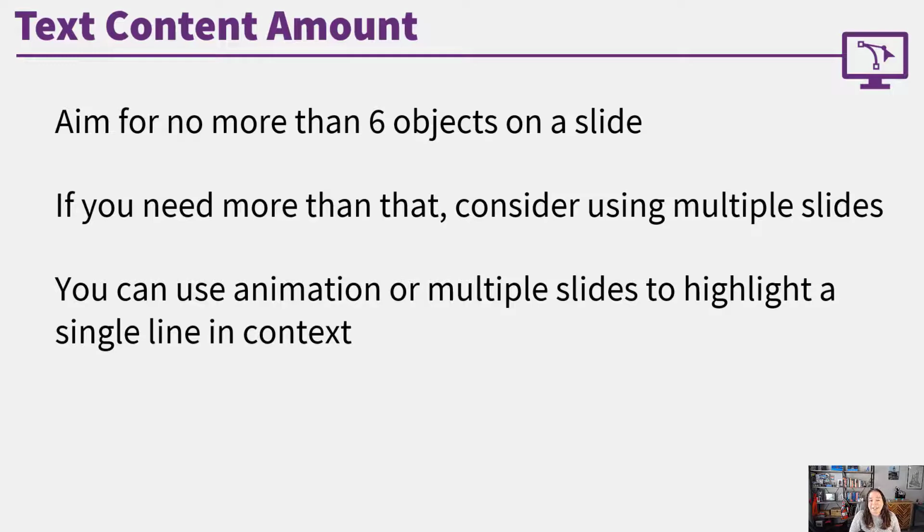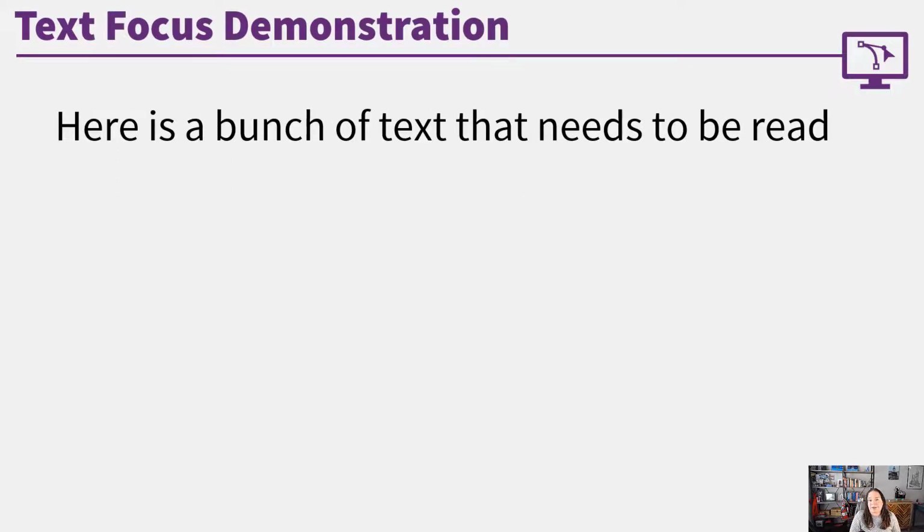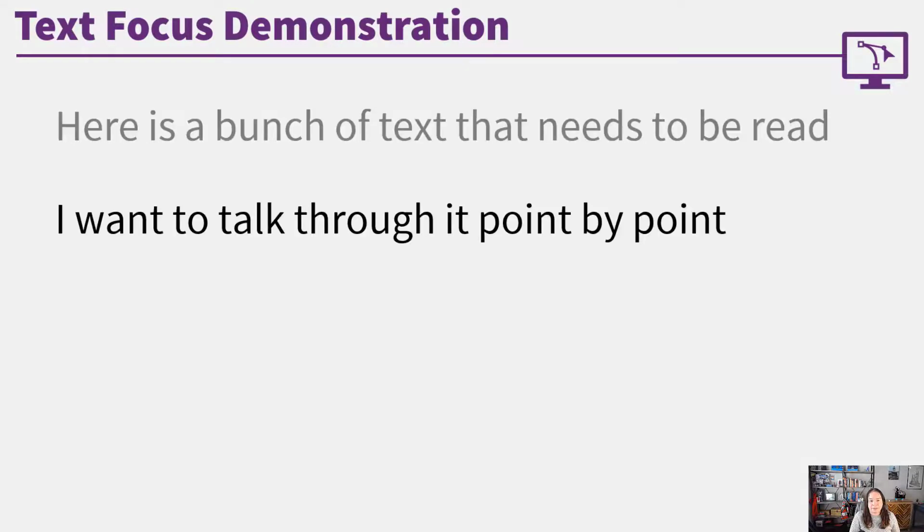And there are occasions where you need to put quite a bit of text on a slide, especially if you're quoting something. You can use certain techniques to make that work, to make sure there's not a lot of cognitive overload there. So let's take a look. Let's say I have multiple lines of text that need to be read by the audience. I start with line 1, and I explain what that line means to me, what I want them to get out of it.